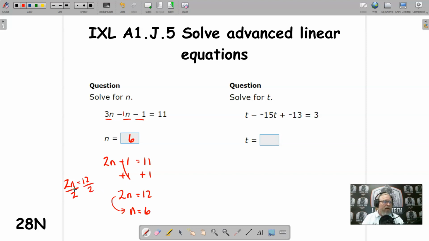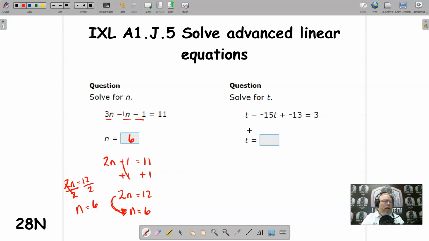What we do to one side, we do to the other. The 2's cancel each other, and that leaves us with n, and 12 divided by 2 is 6. So that's what I did from this step down to this step. If you're wondering what's going on between those 2 steps, go check out the videos for 1-step and 2-step equations.